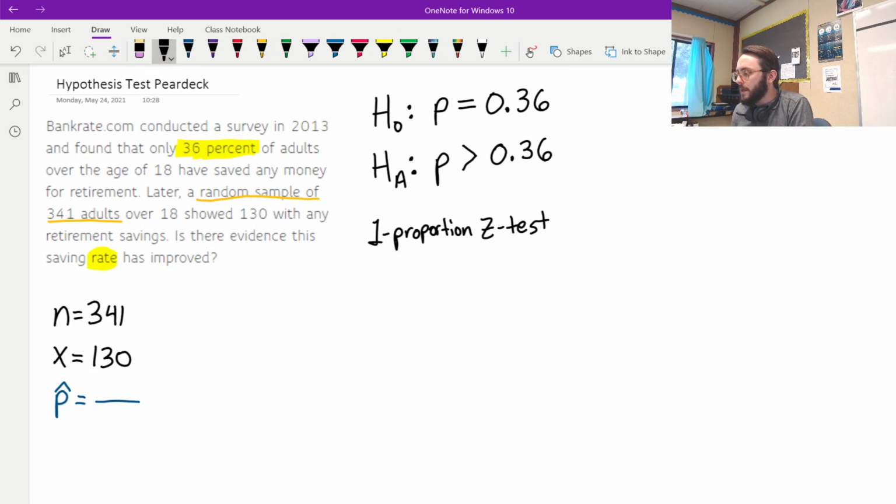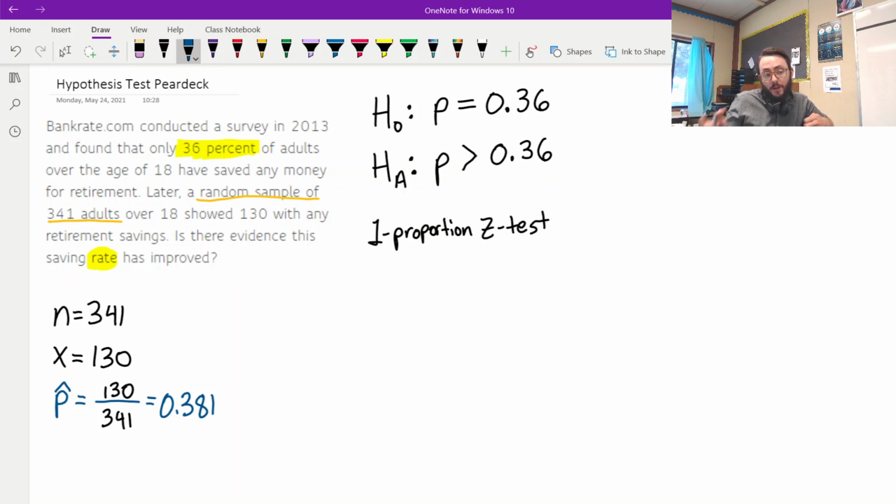That's x divided by n, so 130 divided by 341, which we'll go ahead and use a decimal for. That gives 0.381. So in this sample, we got 38.1% of adults who had saved for retirement.